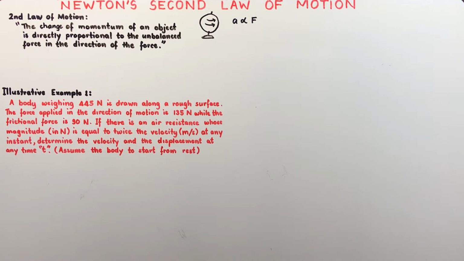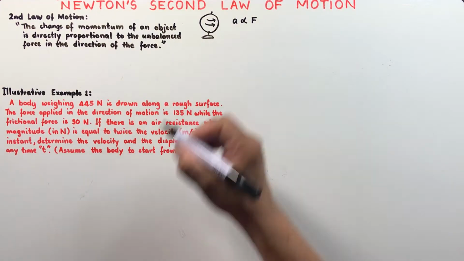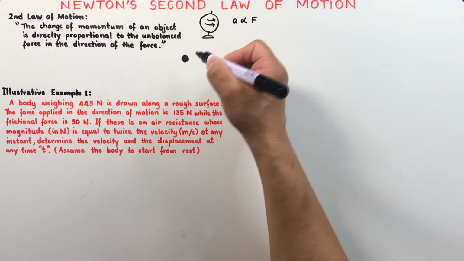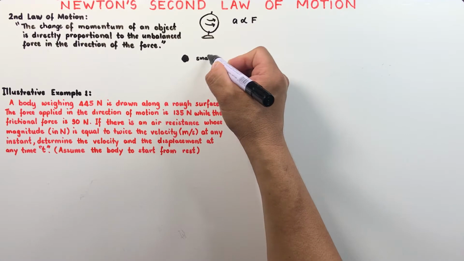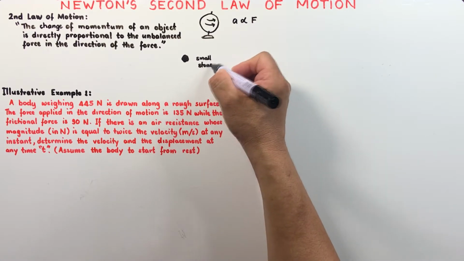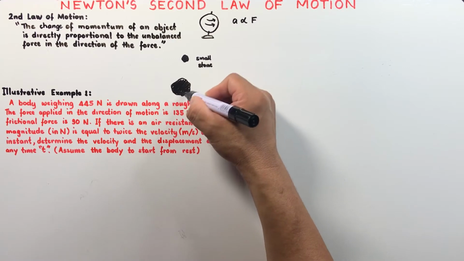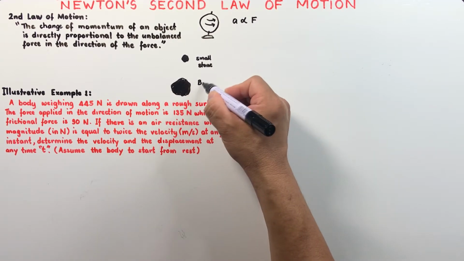Now let us discover the relationship between acceleration and mass by illustrating this with two stones. One is a small stone and the other one is a bigger stone.